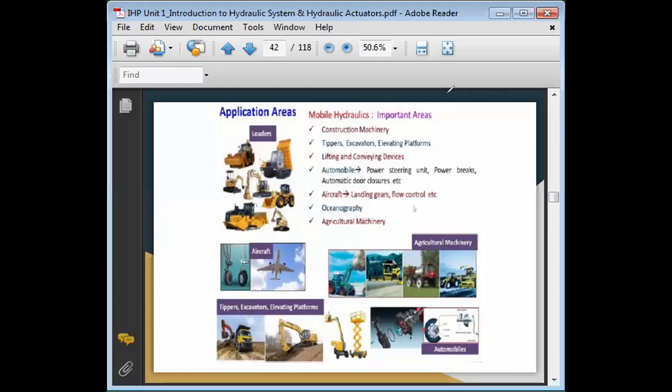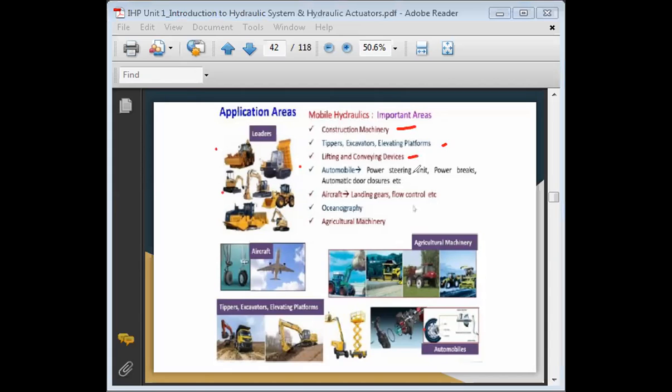So you can see the first mobile hydraulics area is construction machinery. You can see the loaders, then tipper, excavator, then elevating platform, and lifting and conveying devices.